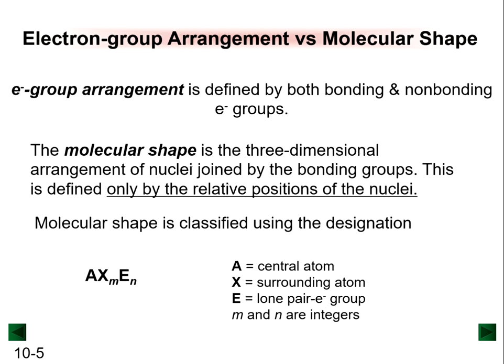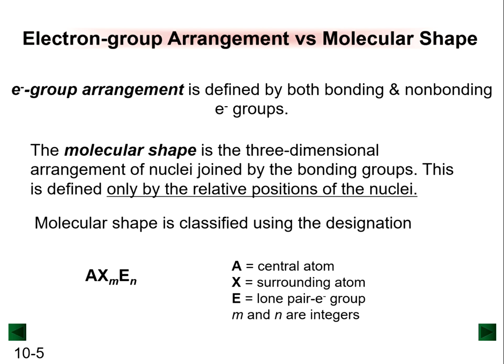The molecular shape is classified using this designation below. If you find this comfortable to use, that's great. If there's an alternative means where you can take the geometries that we develop and just recognize them, that's fine too. So A is our central atom. X would be the atoms surrounding that central atom. And M would be the number of surrounding atoms we have.